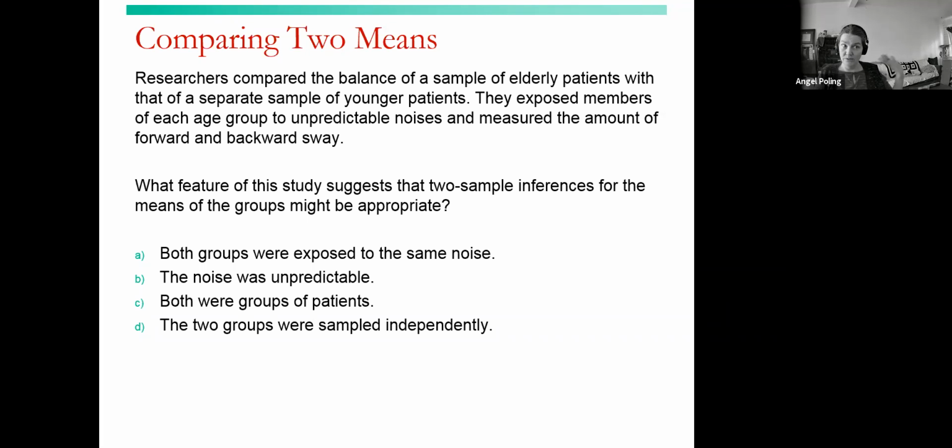Because those are two separate populations, probably much more younger people than elderly people, but not if they're patients. Maybe there's more elderly patients than younger patients, right? So definitely wouldn't be equal number of people, right, in those groups. So it isn't anything beyond that information that we needed to look at. And therefore, it isn't anything but choice D for us to look at, right?